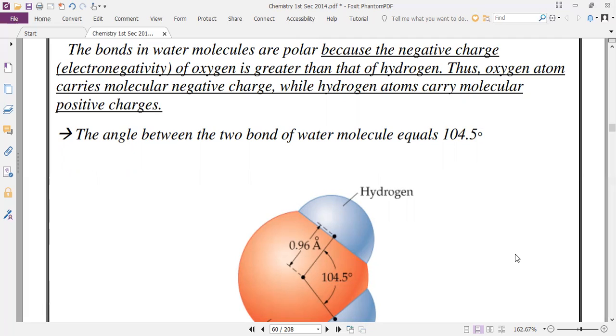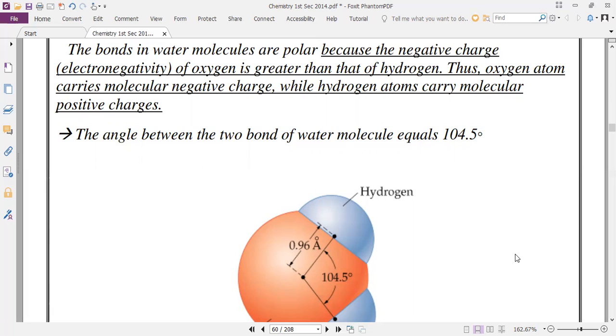No, not in this way, because hydrogen and oxygen are both non-metals, but the difference between them is that oxygen has higher electronegativity than hydrogen.